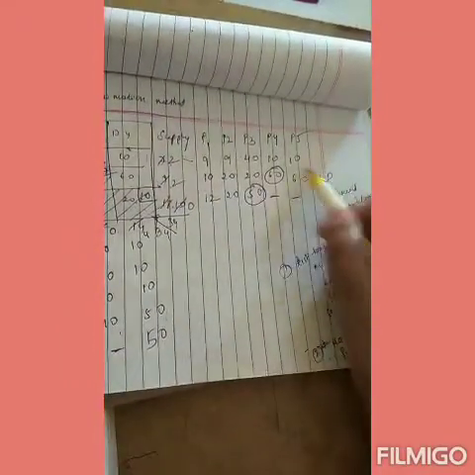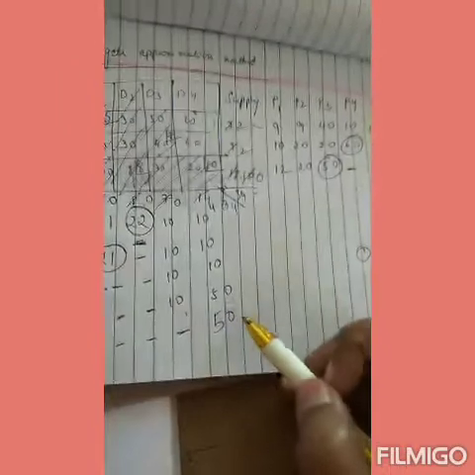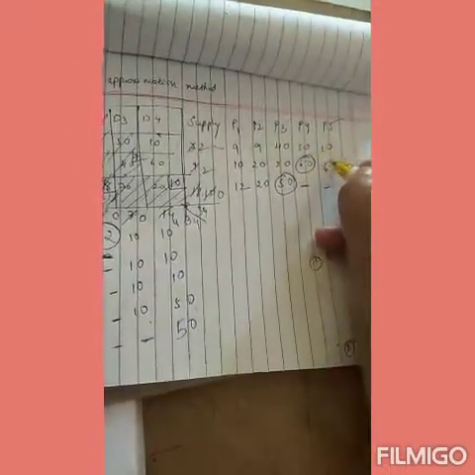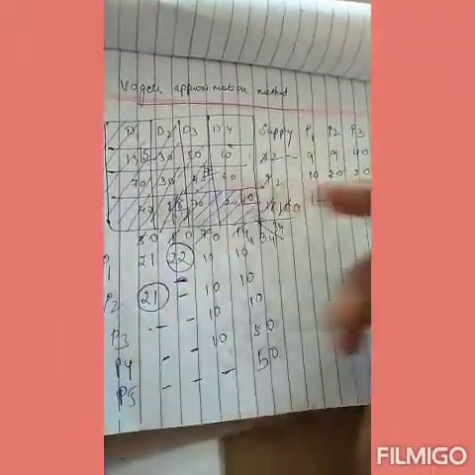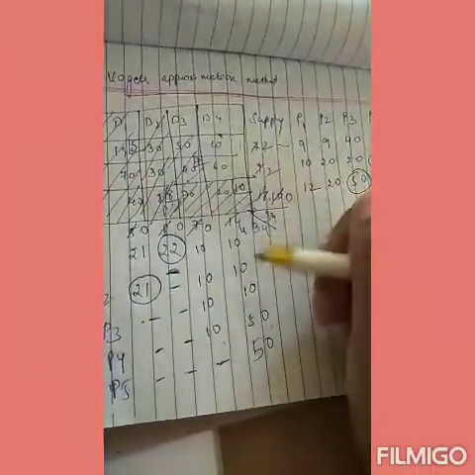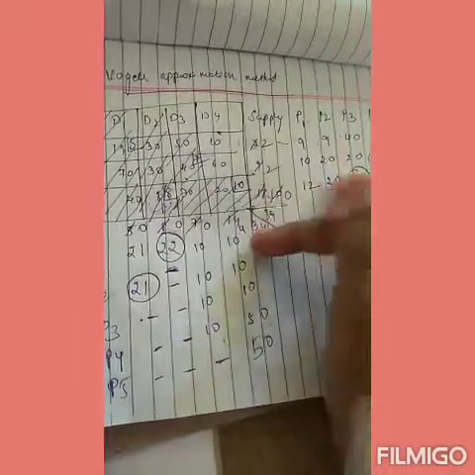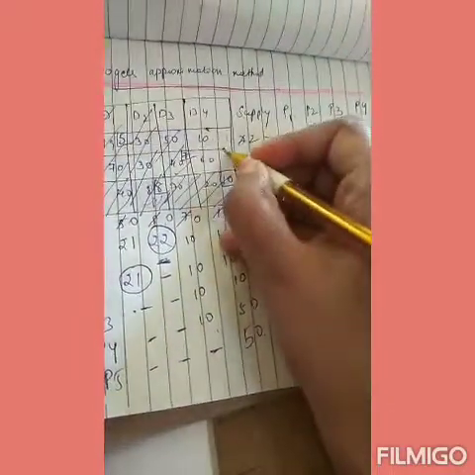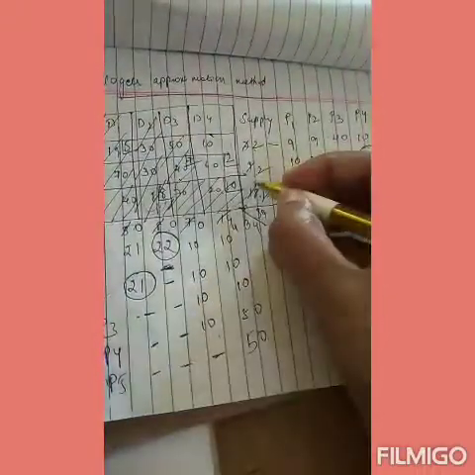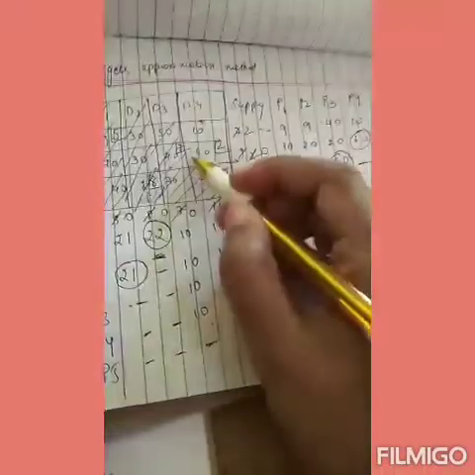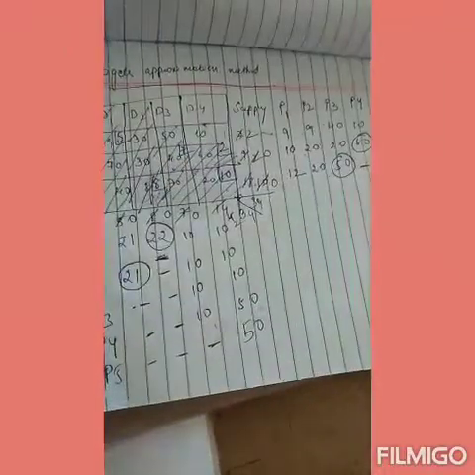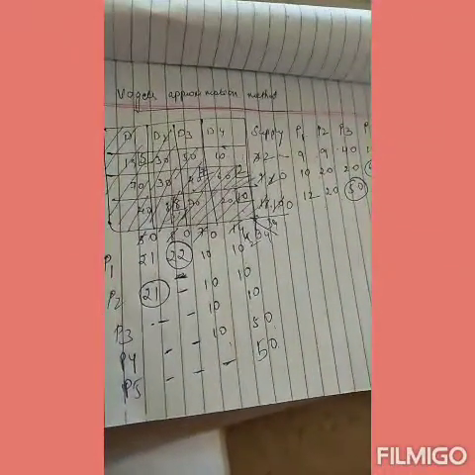Here 10, 60, 50, which is maximum value? 60 is maximum. And check this row. Here 20 is the supply and 4 is the demand, and the minimum value is allocated here and makes it 0, remaining value 2, and just cancel it, and remaining is 10.